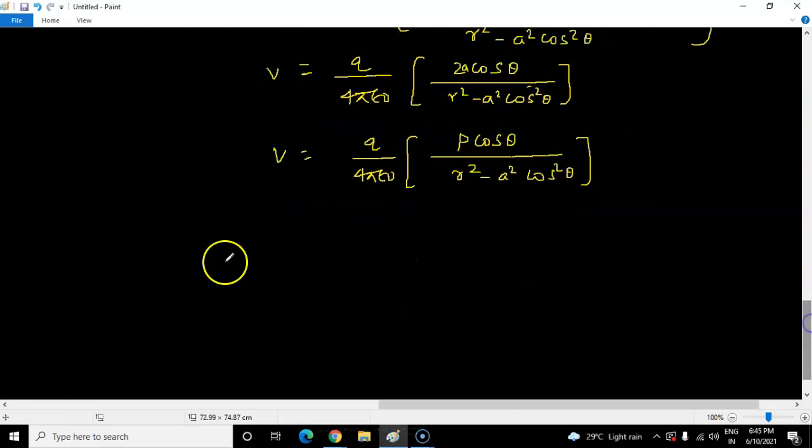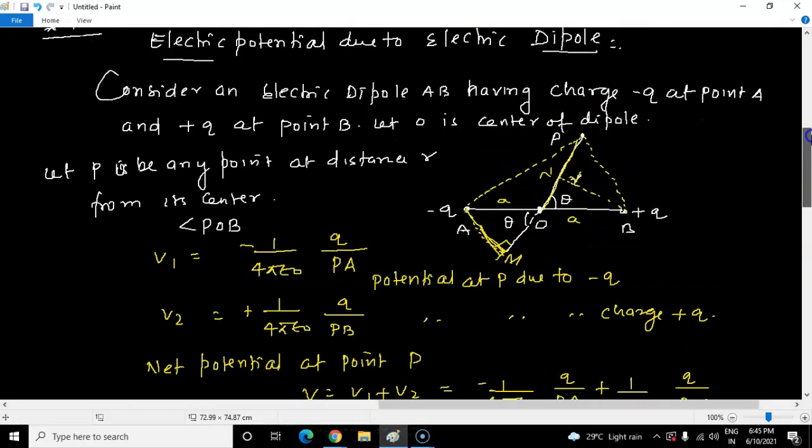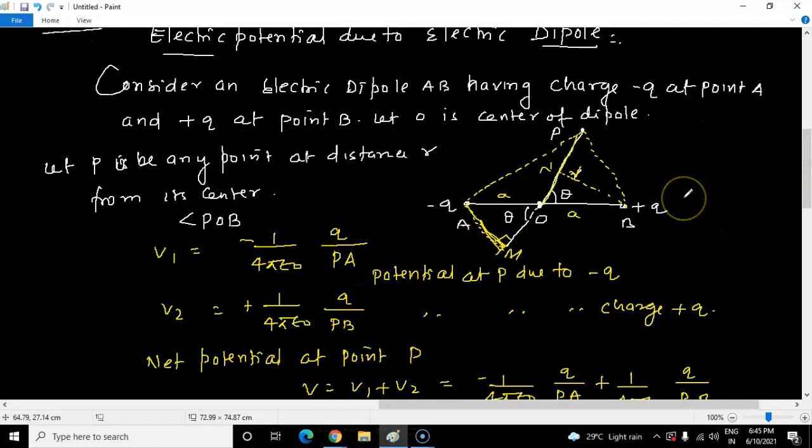Now if you take the cases here, case 1: when point P lies on the axial line. What is the axial point? This theta which is given here becomes 0, meaning this axis only, the point P is somewhere here.